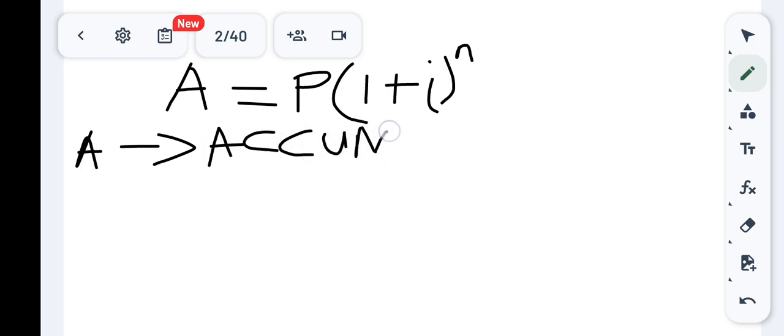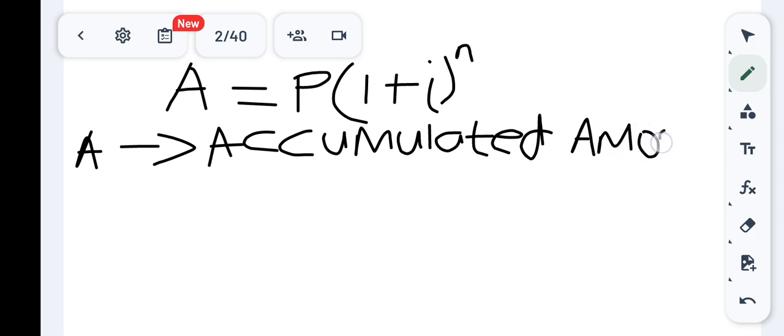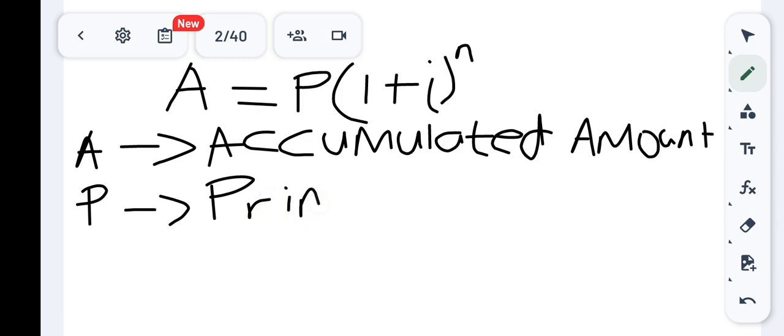This is the total amount, or the final value after a certain period. And then P is our original amount, initial amount, or principal amount, or present amount.